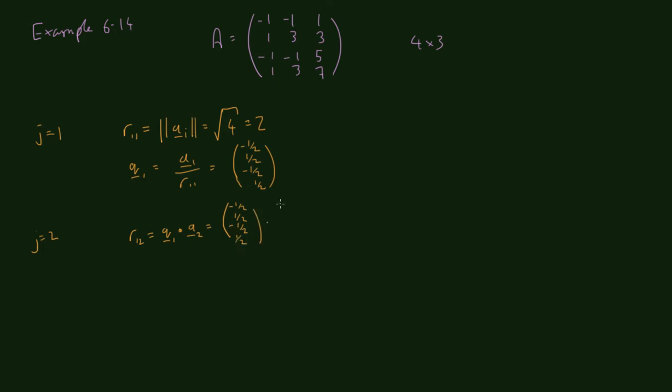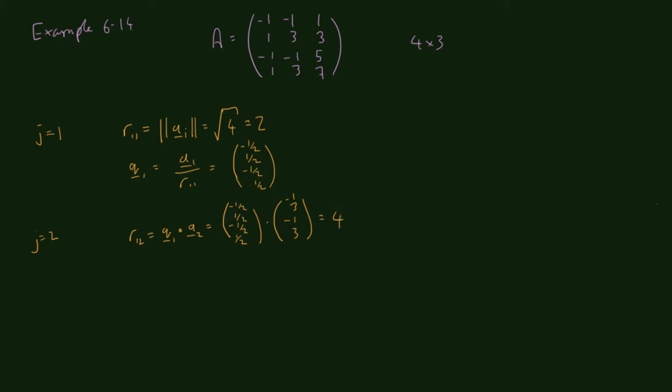And that's dot product with A2, the second column of A, so it's minus 1, 3, minus 1, 3. If you calculate that, we get minus a half, plus 1.5, so that's 1, plus a half, that's 1.5, plus 3 over 2, so that's 4.